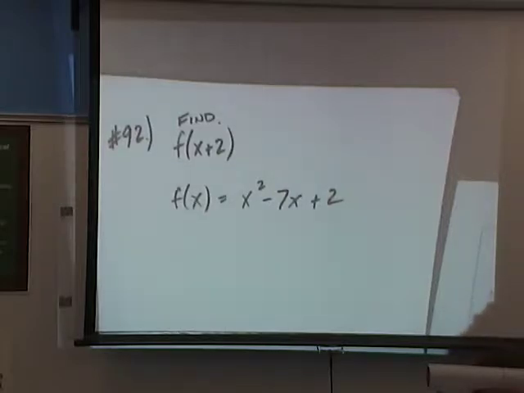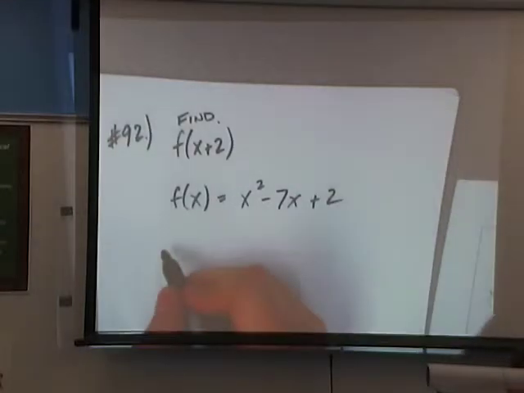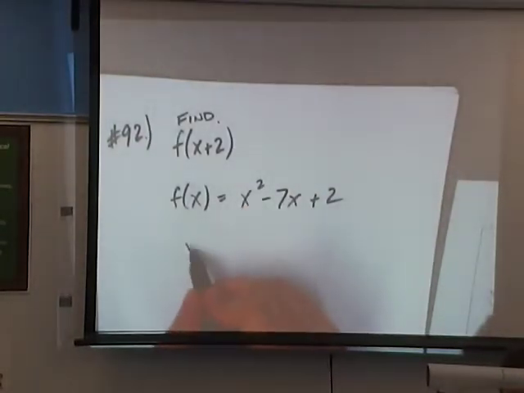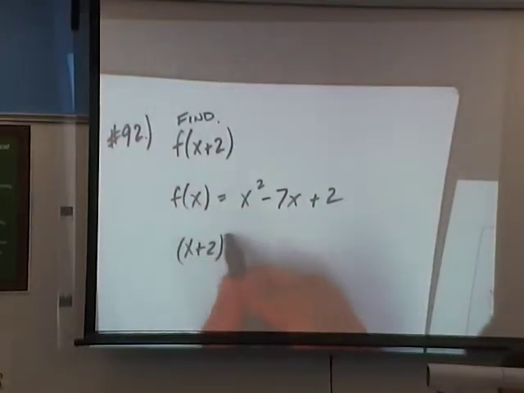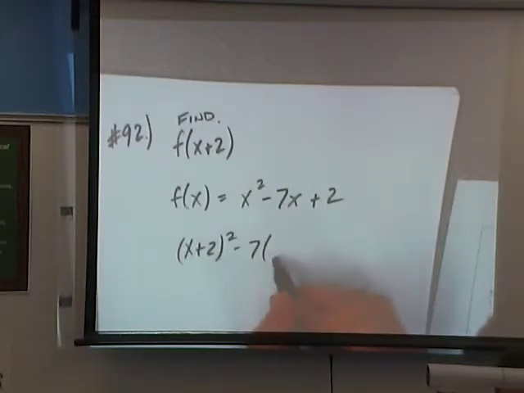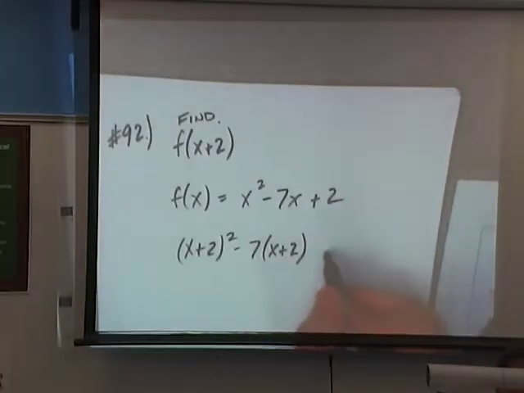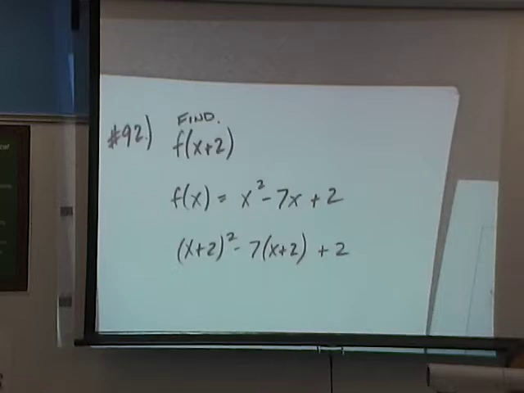Fill in for every x, x plus 2. So it's going to be x plus 2 squared minus 7 times x plus 2, and then plus 2. So I replace all the x's with x plus 2.